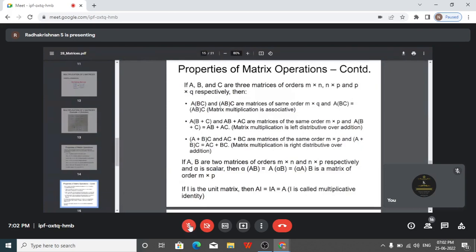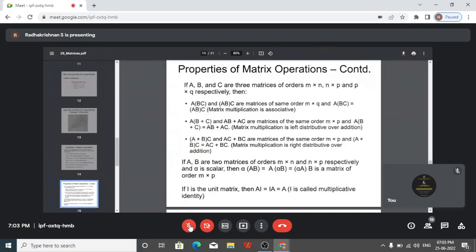I hope you got what I said. Because if you change the sequence, the whole thing will change. So we should not change the sequence. After that, A into (B plus C) equals AB plus AC, which we saw earlier. So matrix multiplication is left distributive over addition.